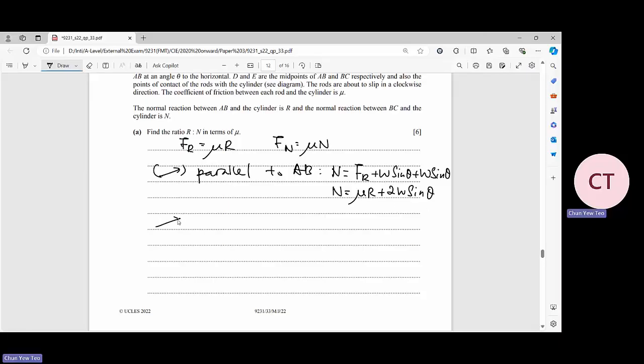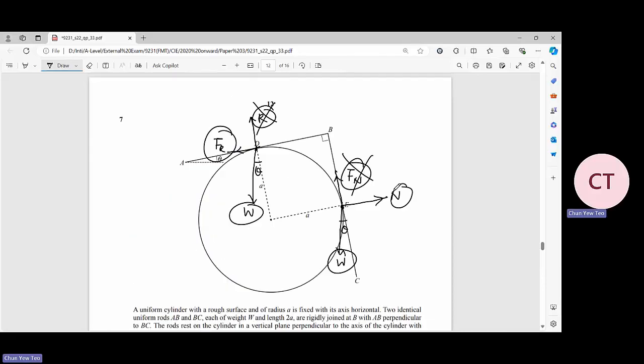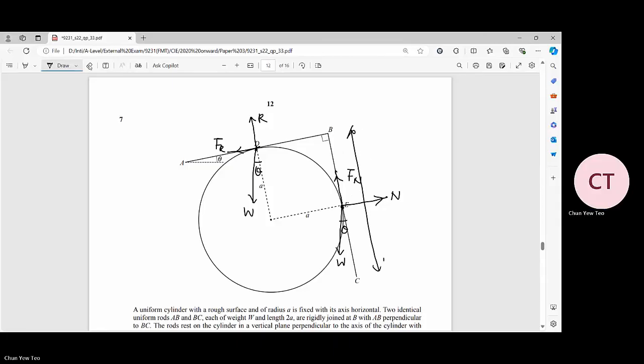Now I want to resolve the forces parallel to BC, or we can say perpendicular to AB. It only involves Fn, R, W, and W. These are not involved.